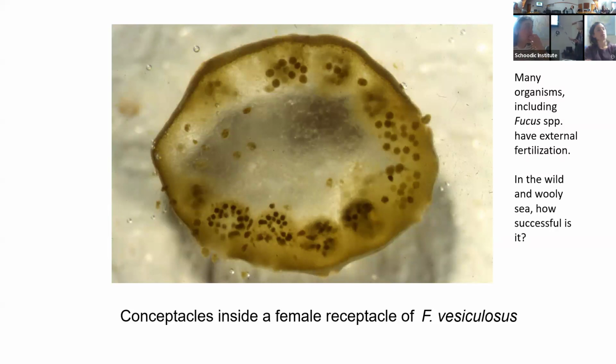So the wild and woolly sea, how successful is it? There have been many studies published in which people have said that sperm are limiting and external fertilization is very inefficient. And our work shows that that's not true, and some Swedish people, a different group, have also shown that it's not true.